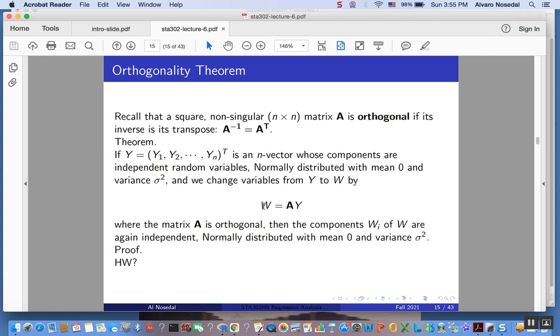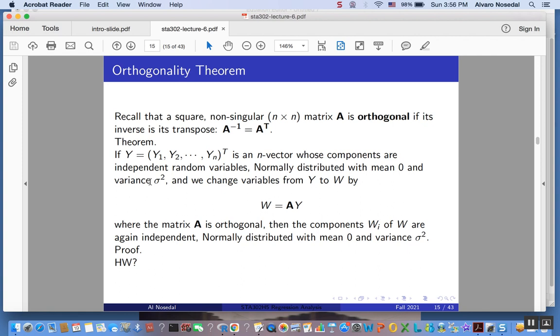And the important conclusion of the theorem is that the components of W, the Wi's, are again independent, and they inherit the distribution from the Y's. They have a normal distribution, same mean, same variance, sigma square. Make sense? Okay.